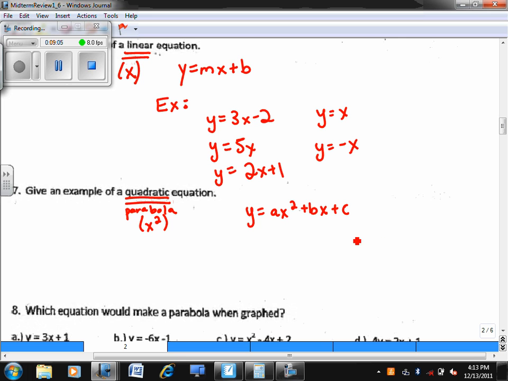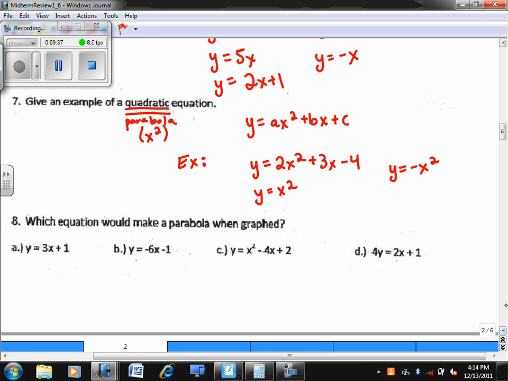You don't have to know this to know a quadratic. You just need any equation that has an x squared and no x's with an exponent bigger than that. So no x to the 3, no x to the 4. So we can have y equals 2x squared plus 3x minus 4. We can have y equals x squared. We can have y equals negative x squared, as long as we have the x squared in there.